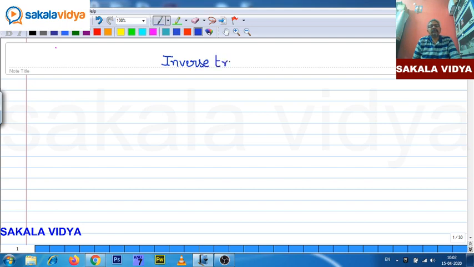Inverse trigonometric functions. Question 41.